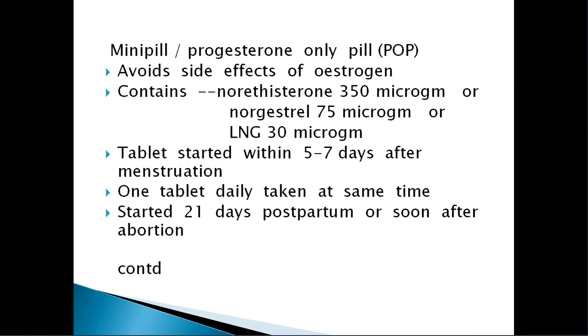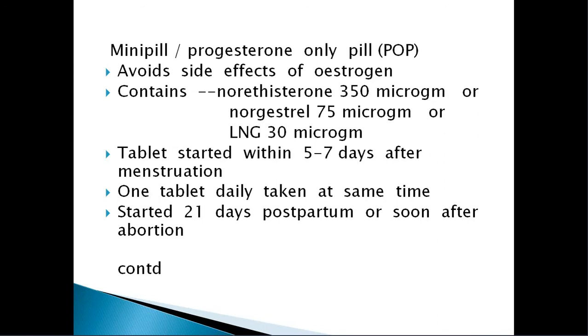Different preparations contain different progesterones: norethisterone 350 micrograms, norgestrel 75 micrograms, or levonorgestrel 30 micrograms. The way you give these tablets is similar to OC pills. You can start within 5 to 7 days after menstruation, one tablet every day for 21 days.